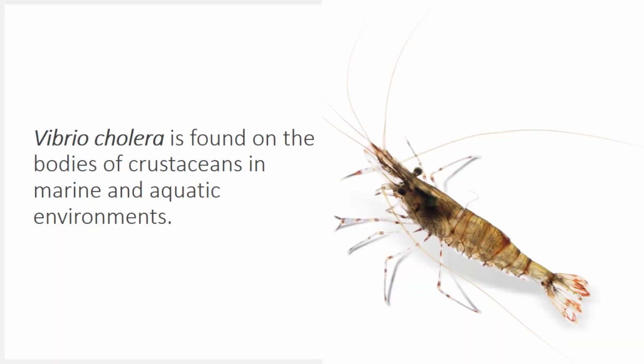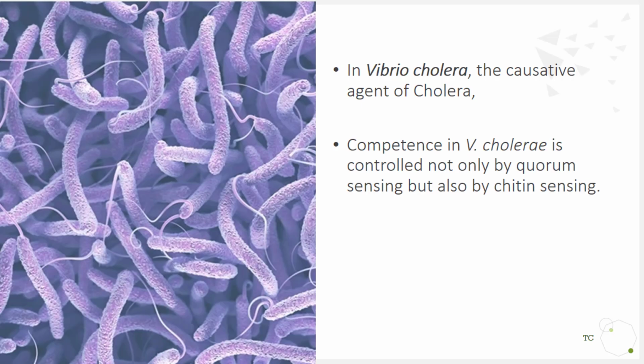These cells can cause cholera if you've eaten some seafood which has not been properly processed. The competence in Vibrio cholerae is controlled not only by quorum sensing but also by something known as chitin sensing.